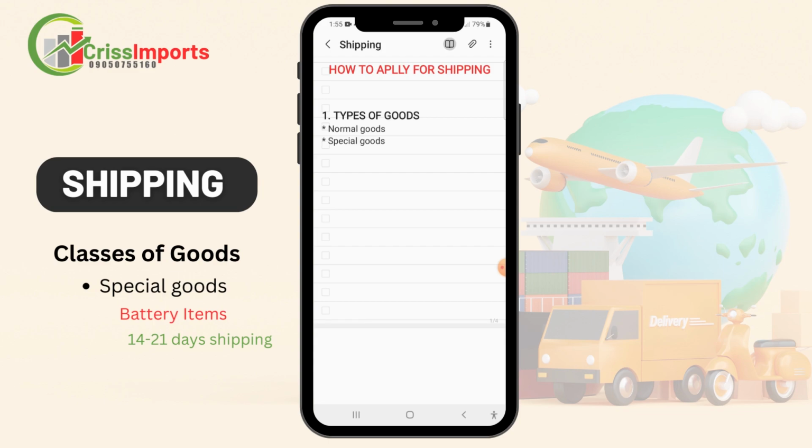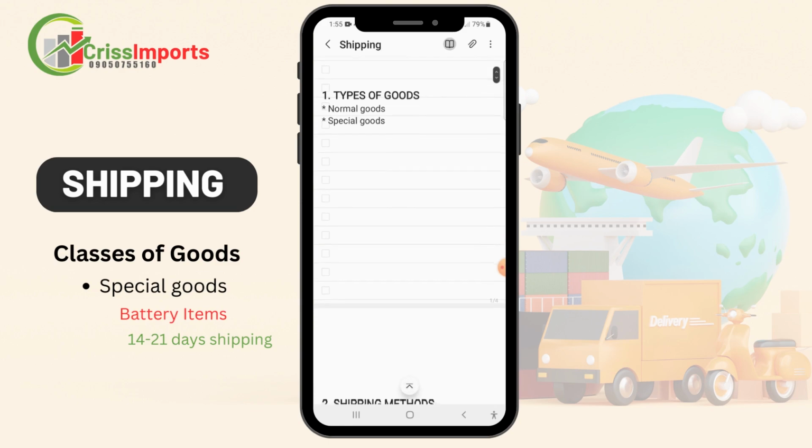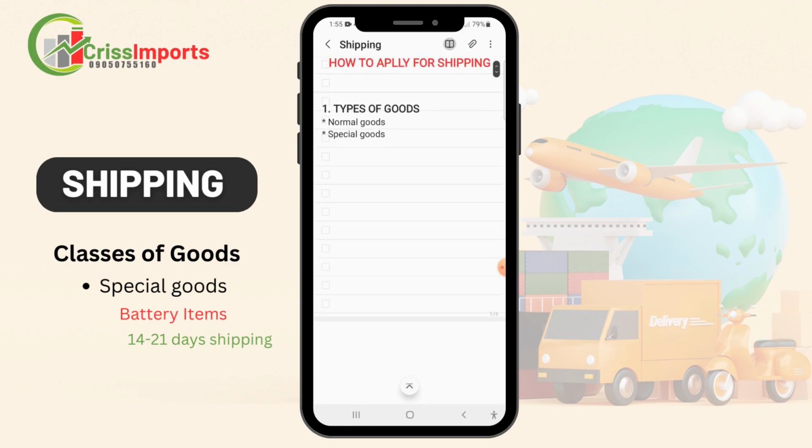And they are shipped separately. They are not shipped from China directly. First of all, the shipping company will have to take it to Hong Kong. Then from Hong Kong, it will be cleared by customs before it leaves China. So shipping special goods takes more days, from 14 to 21 days before it arrives in your home country.